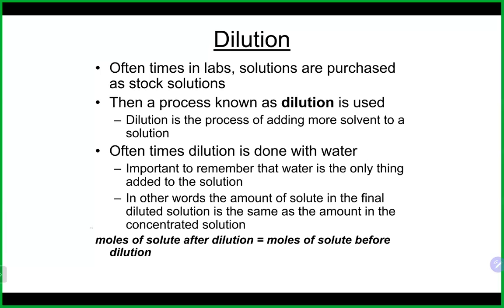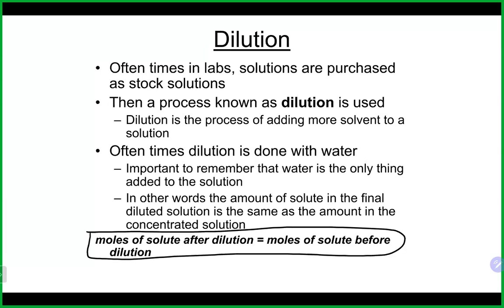And because we are only adding solvent, the moles of the solute that's in there remains the same, and we're just changing the amount of solvent. How does that affect the molarity? Well, molarity is moles of solute, which we don't touch, so it stays the same, divided by liters of solution. Remember, again, solution is two things: the solute and the solvent.